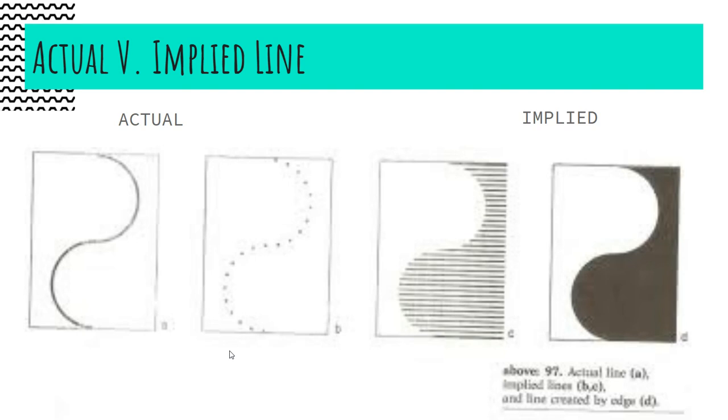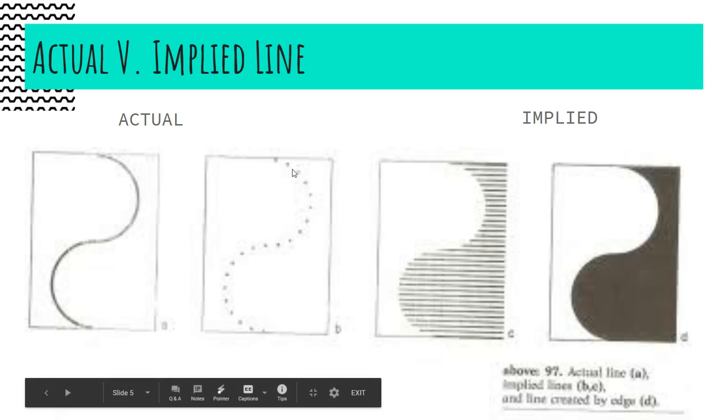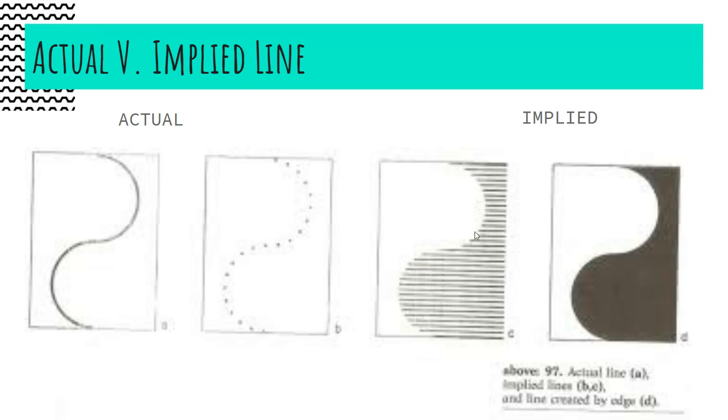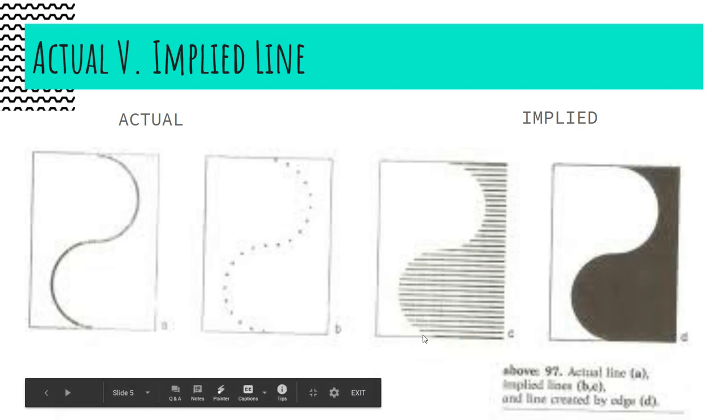So this dotted line in the center here of this S would be an example, because it's not truly a line as far as it's not all connected like a line, but it's still a line in that it's implied that it is.